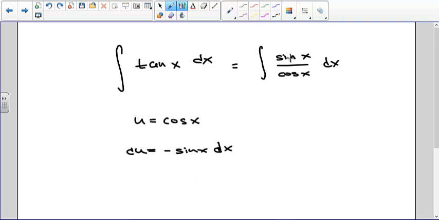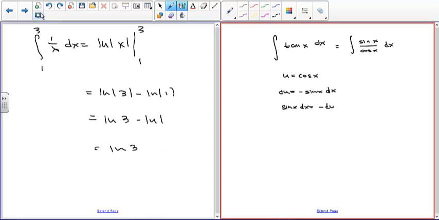We go back to our original integral. What we have is the sine of x dx. So what I'll do is I'll multiply by -1. So I can say that the sine of x dx equals negative du. So now we can make the u substitution.